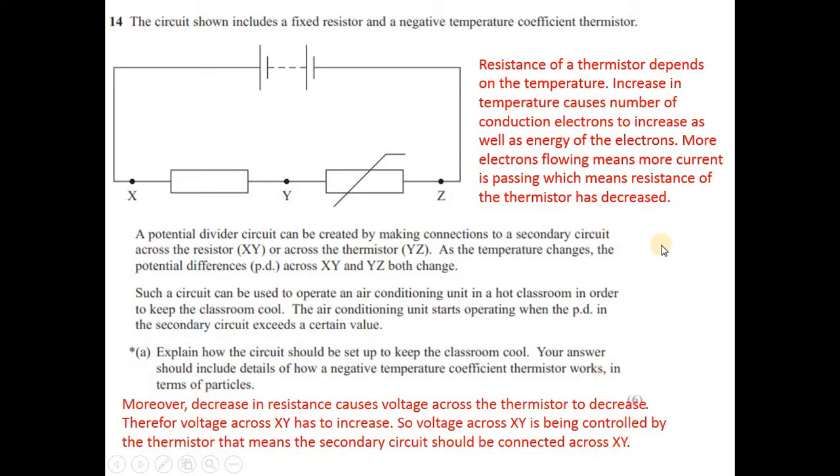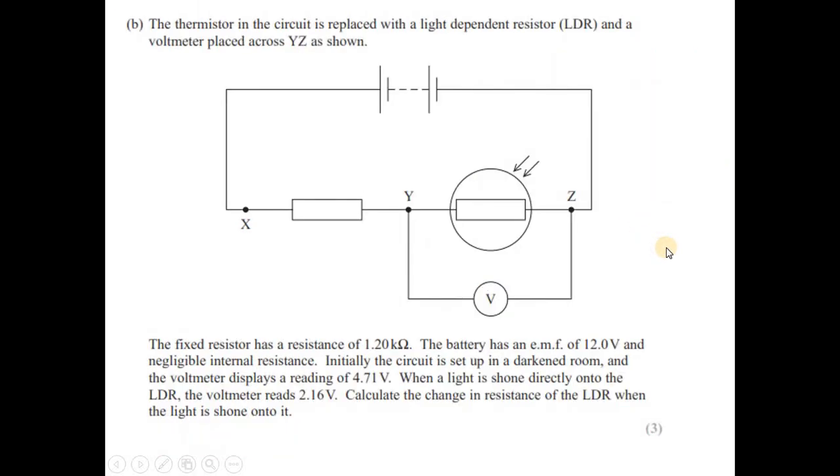Question number 2. The thermistor in the circuit is replaced with a light dependent resistor, LDR, and a voltmeter is placed across YZ as shown. The voltage across the LDR is V. The fixed resistor has a resistance of 1.2 kilo ohm.